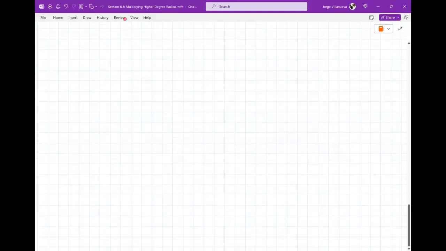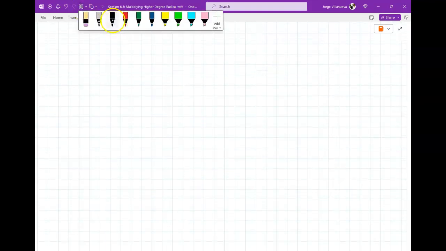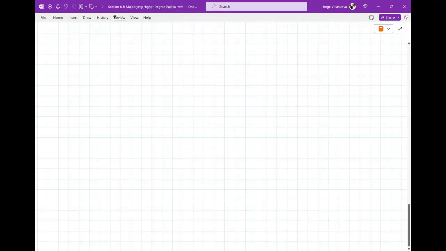So let's get to this next one that now will have some letters in it. So this is the first one that I wanted to do for you guys. Let's see, negative square root 3n cubed times negative 4 square root of 15n cubed.